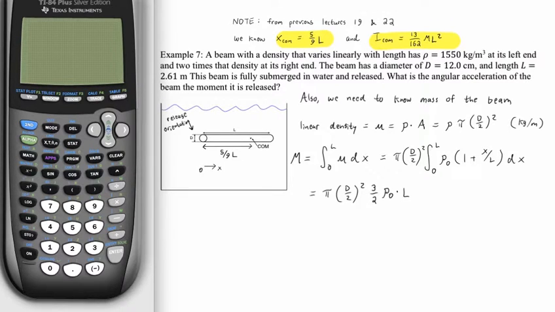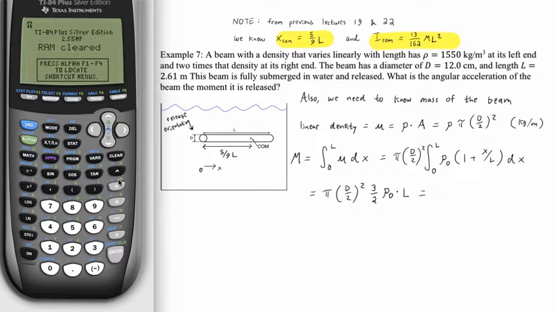So when we solve this integral, we end up with this right here, with our 3/2 rho naught L coming out of the integral itself, and we still have the leading constant. All right, so now we can plug in our values and get our total mass, which we care about in terms of the strength of the gravitational force. It'll be potentially relevant for the problem, depending on how we set it up, but I want to be general.